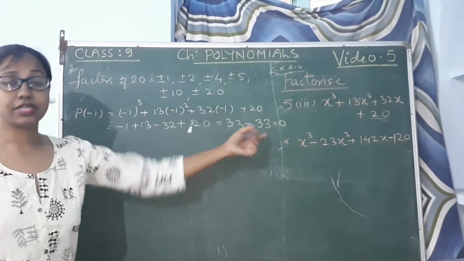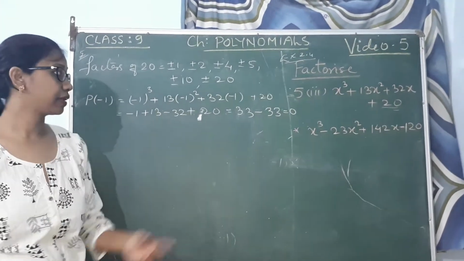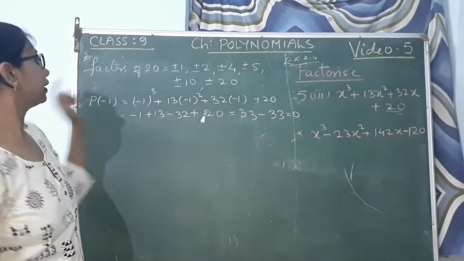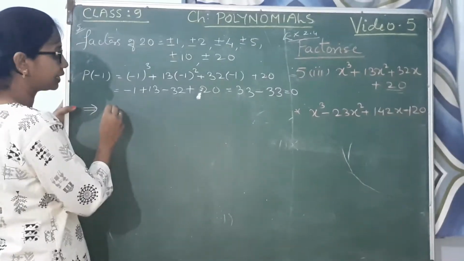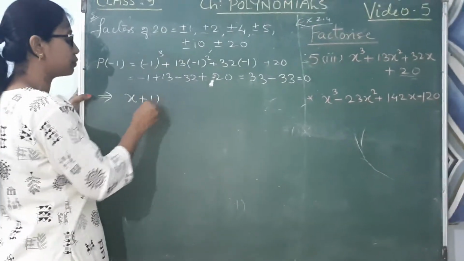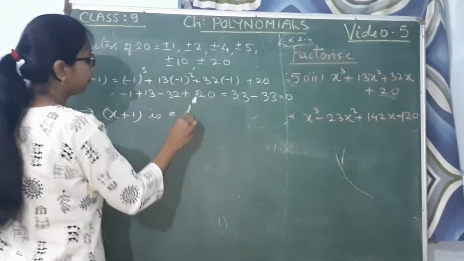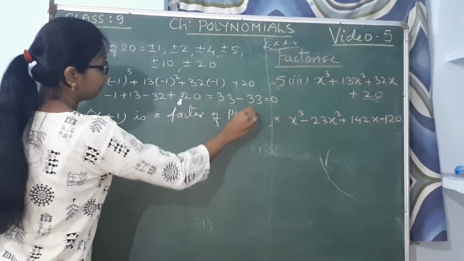Since the remainder is 0, this implies the first factor: it satisfies for minus 1, so x plus 1 is a factor of this polynomial P of x.